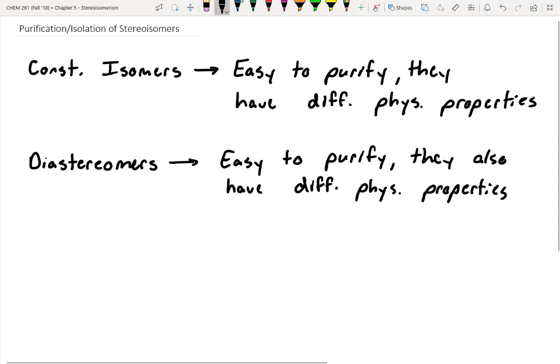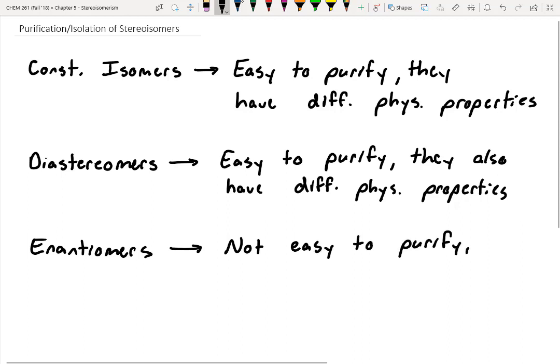Enantiomers are the bear. These are not easy to purify. They have the same physical properties.